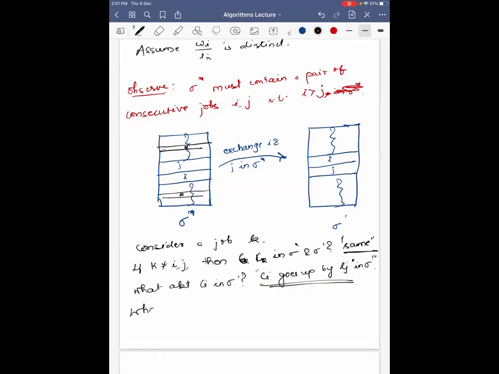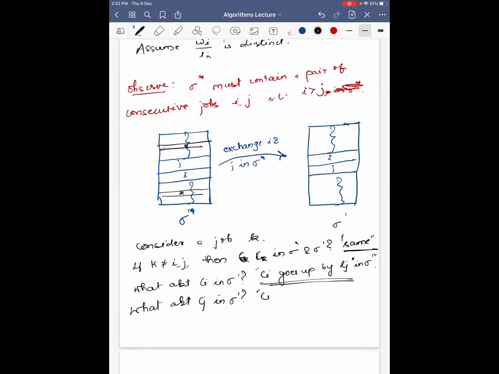What about the completion time of J in sigma prime? It goes down by Li. Correct. Again, this is a result of the exchange that we have done.